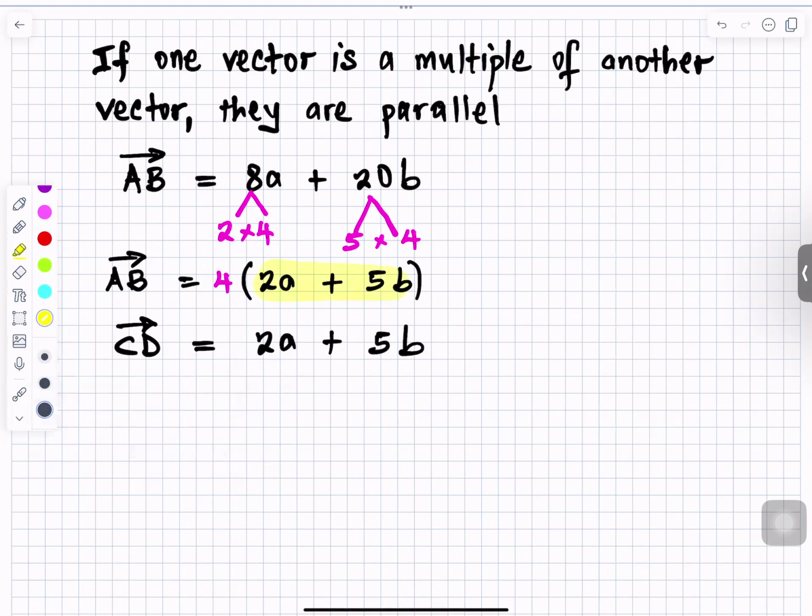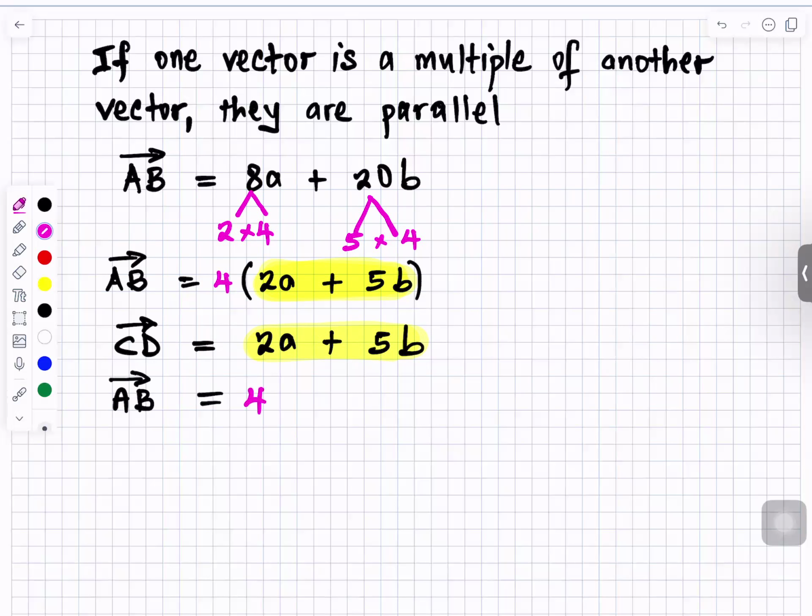The 2A plus 5B is the same as the 2A plus 5B there. So if 2A plus 5B is CD, what we can say is AB is equal to 4 times CD. So AB is 4 times bigger than CD.